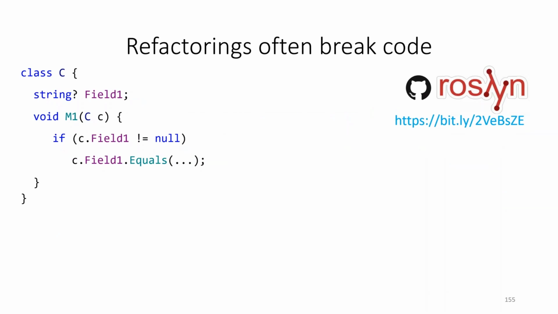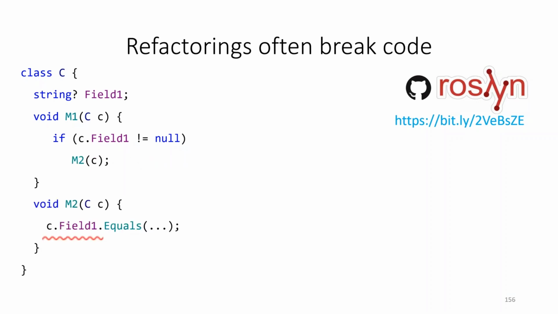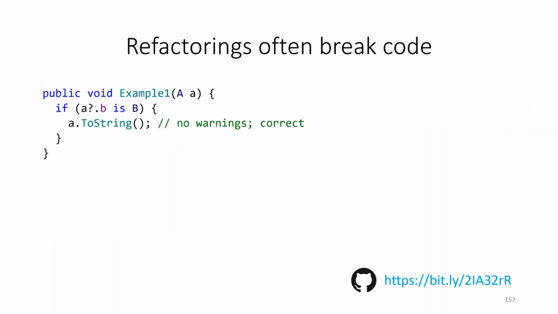So you are doing something with it, and this code grew large, and you wanted to extract it in a separate method, so you do it. And now the compiler doesn't know that you only call this method when this field is not nullable. And it emits a warning, which is lifted to error in this case, and you are forced either to suppress it or to extract this method along with the null check prior to it.